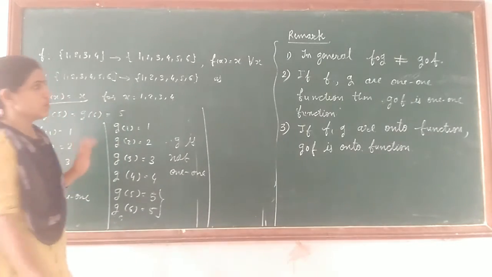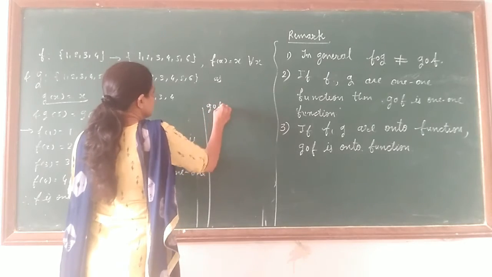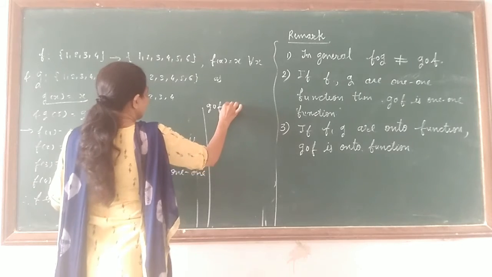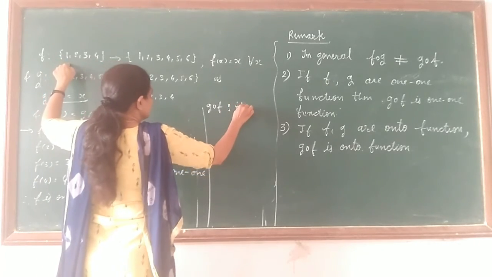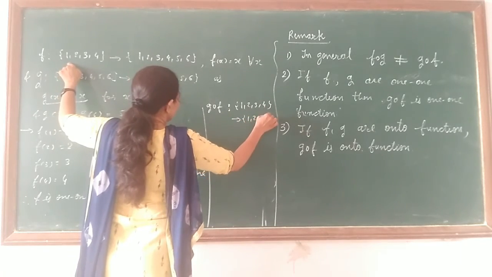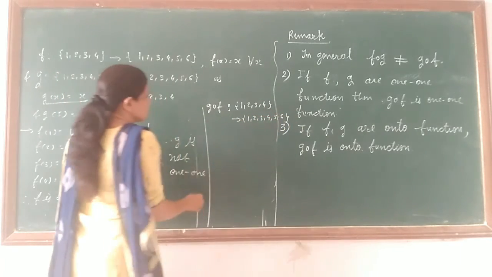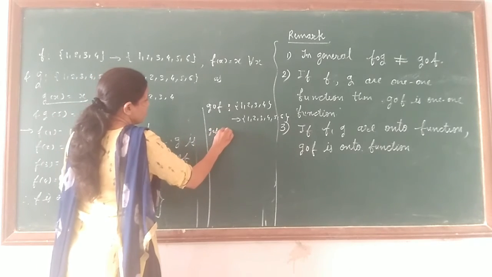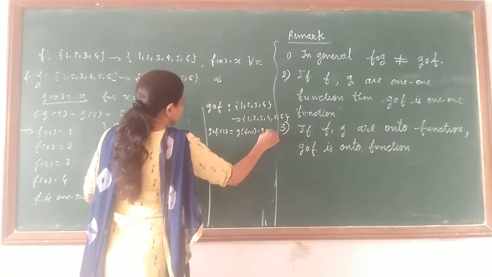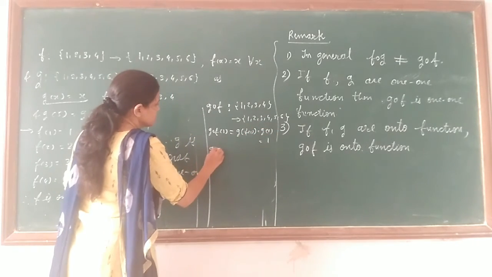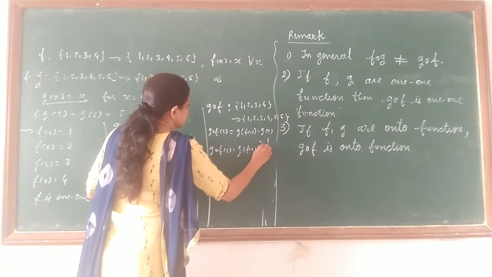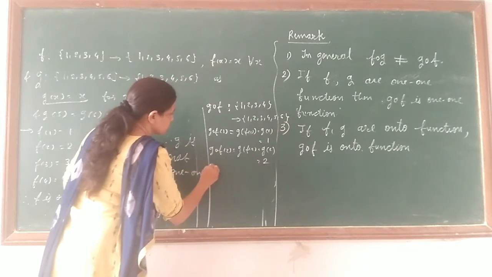So what about g of f? Let me see what g of f is. g of f is a function from A, equal to {1, 2, 3, 4}, to C, {1, 2, 3, 4, 5, 6}. So g of f of 1 equals g of 1, which is equal to 1. g of f of 2 equals g of 2, which is equal to 2.